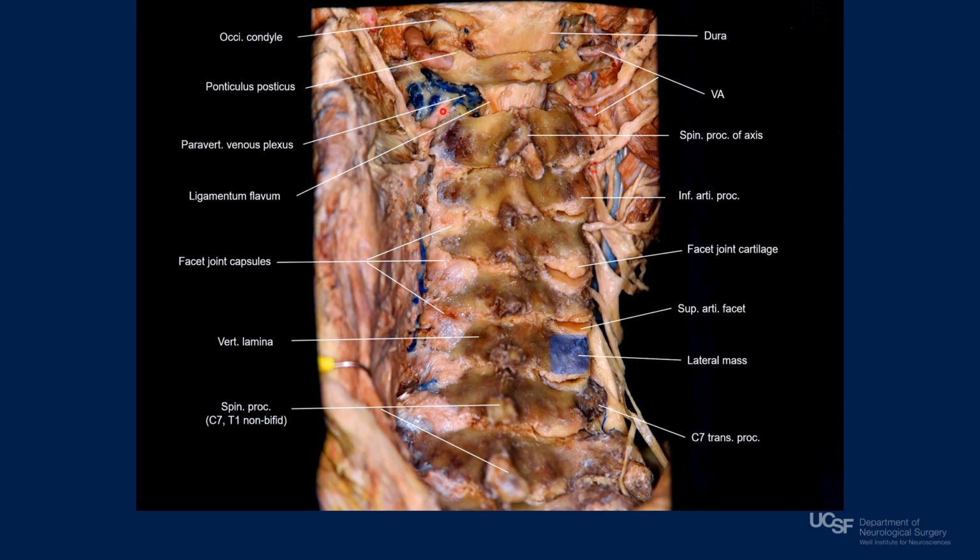We see inferiorly the paravertebral venous plexus and the ligamentum flavum, which is going to be present and attaching from lamina to lamina in this vertebrae. We see the bifid process of C2 as well as the long spinous process of C7 and T1.